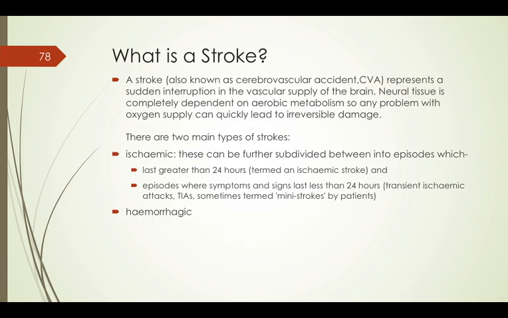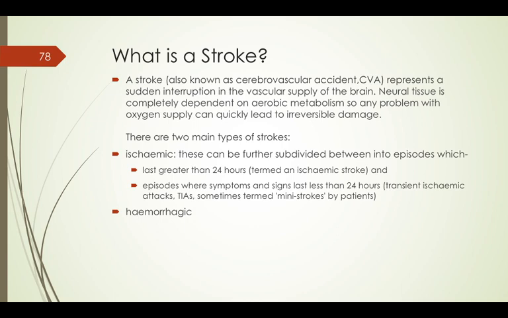What a stroke is can often be termed a cerebrovascular accident, or CVA, and it represents a disruption in the blood supply to the brain. Because your brain tissue is extremely metabolically active, it needs a lot of oxygen going through to it. Any disruption in the oxygen delivery to the brain can have dire consequences.